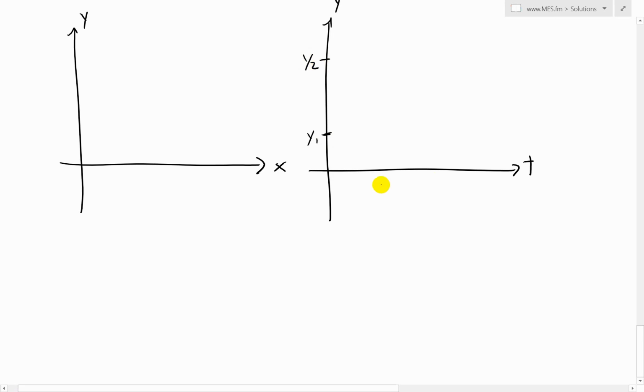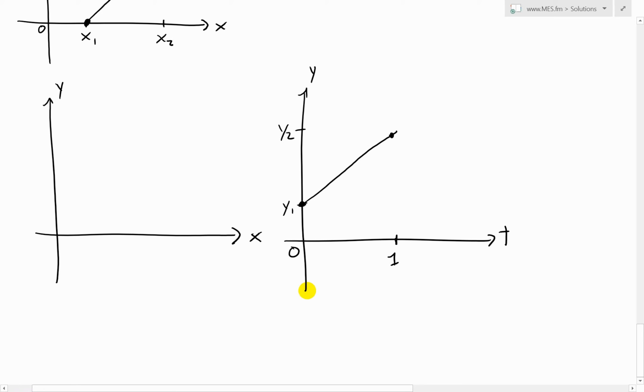At t equals 0 is here, and we have 1 here, and they're both standard lines. This goes from 0 and y1 all the way to 1 and y2. So it's just a straight line across, and this is y equals y1 plus y2 minus y1 times t.